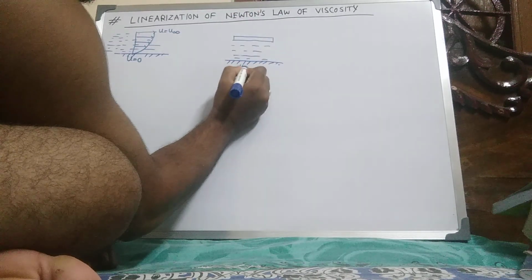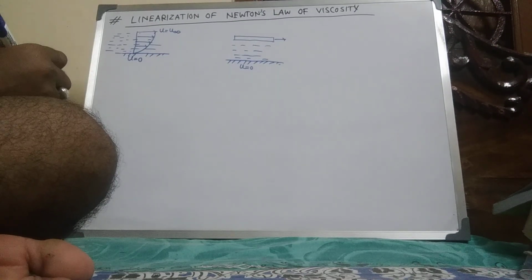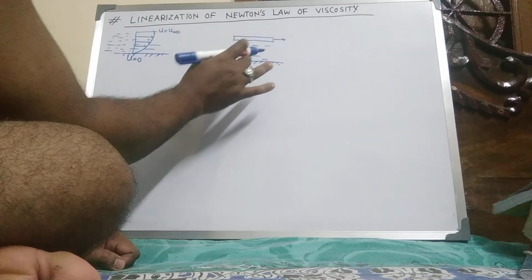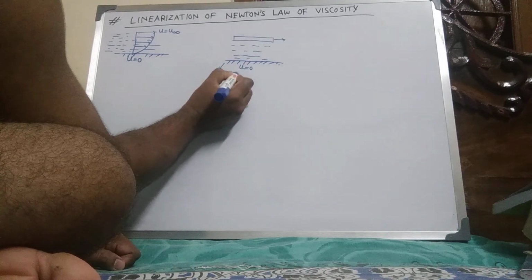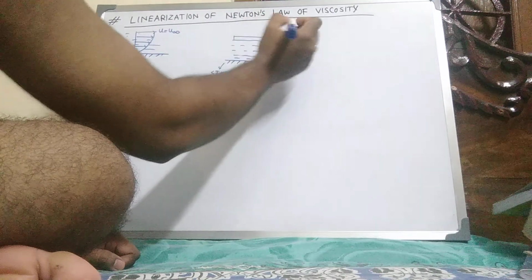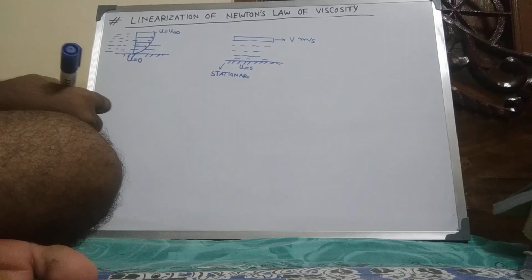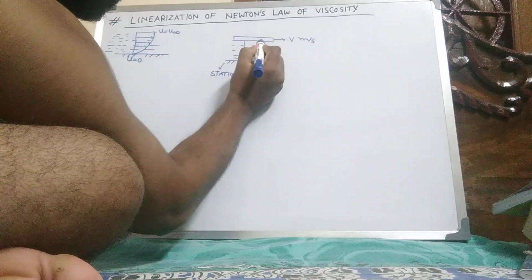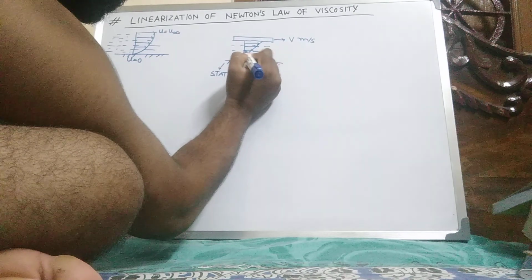Here the velocity is 0, this solid body is not moving, stationary, and this solid body is moving with v meter per second, and the velocity distribution is linear.